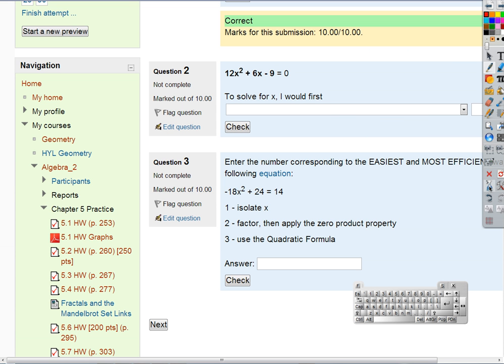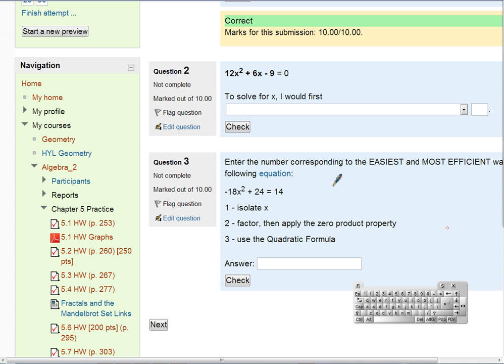What about this guy here? Enter the number corresponding to the easiest and most efficient way of solving the following equation. Negative 18x squared plus 24 equals 14. Well, what am I probably going to do there? If I were going to solve that, wouldn't I have to get it all equal to 0? Right? And then it looks like a mess, doesn't it? Right?